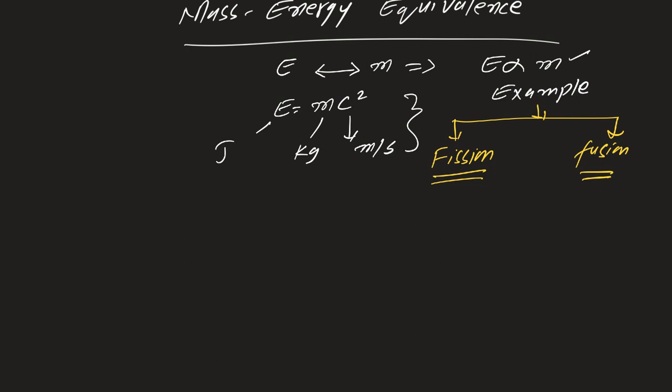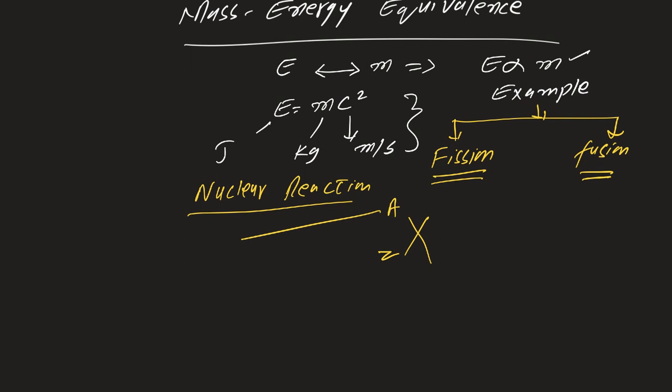So, if you would like to represent a nuclear reaction, we have to know about the nuclide notation. For example, this is A and this is Z. A we call the mass number or nucleon number.